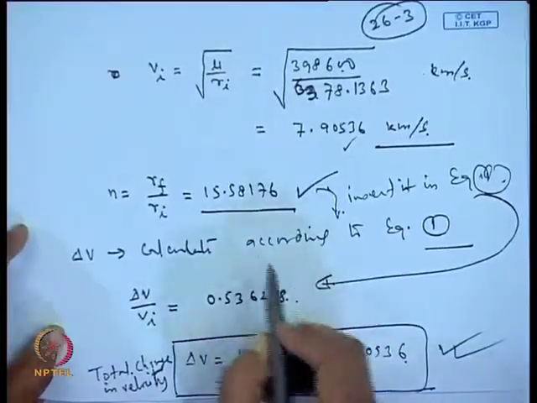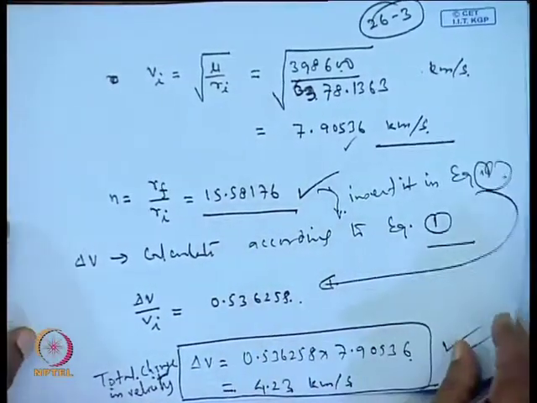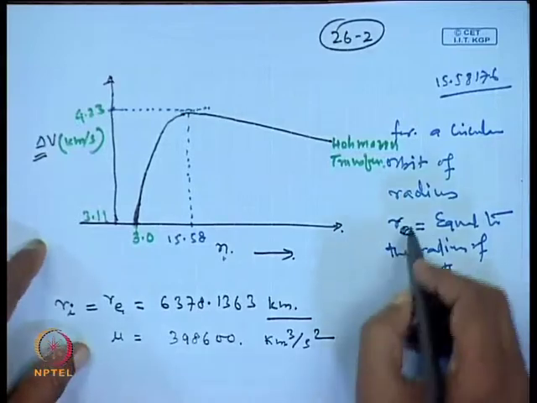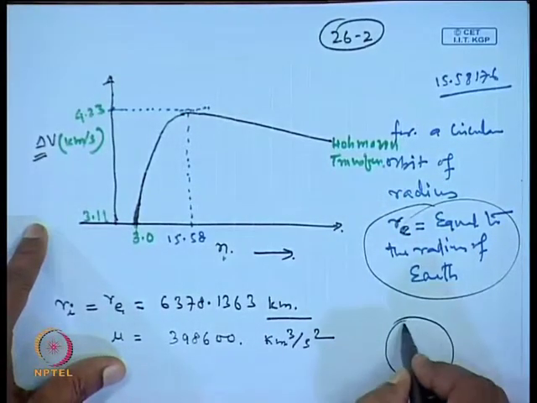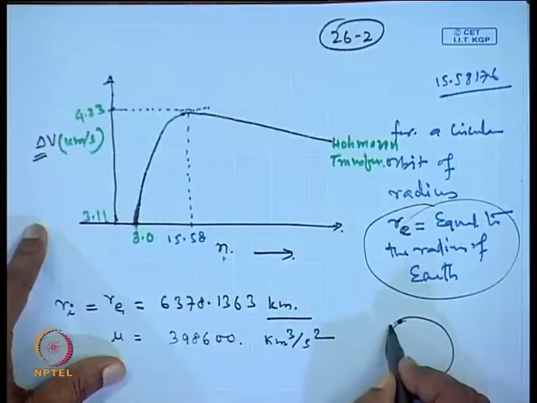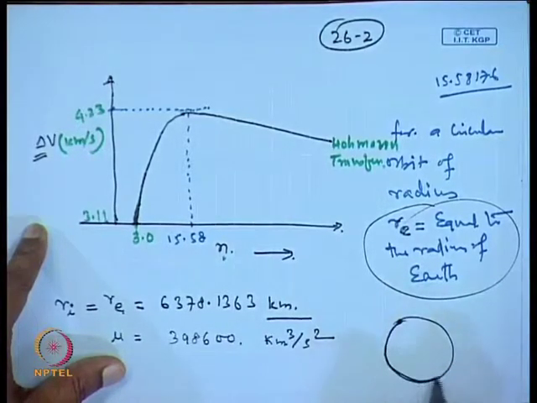So, remember that we are choosing the radius of the orbit to be the same as the radius of the earth. So, you have the earth here. Suppose this is the radius of the earth, this is r e.